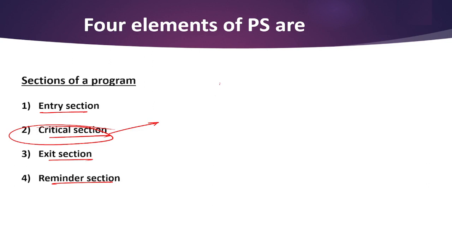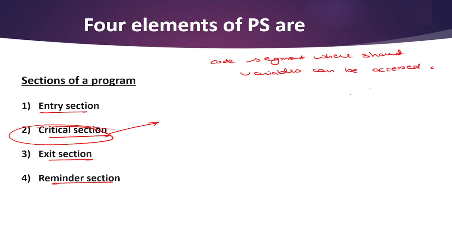So critical section is a code segment where the shared variables can be accessed, right? So atomic action is required in critical section.